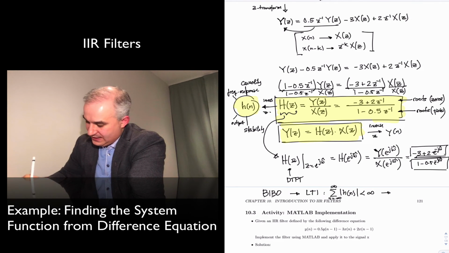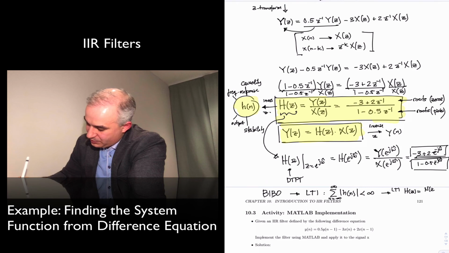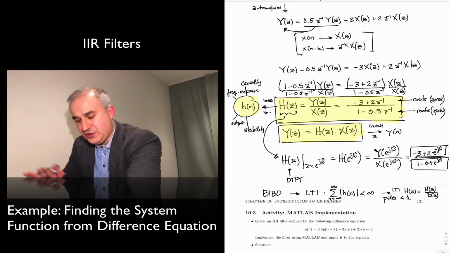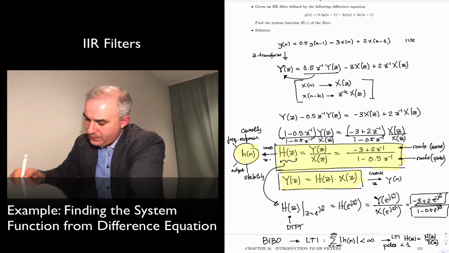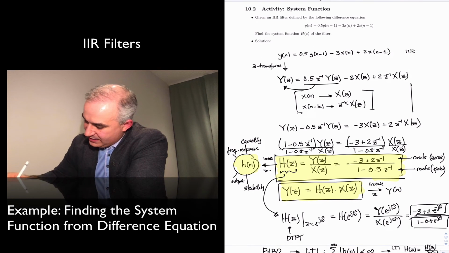If LTI with a rational function, with a numerator polynomial and denominator polynomial, like in this case, you could also base it on the poles being contained in the unit circle. Meaning over here, we're going to find the roots of the numerator and the roots of the denominator.